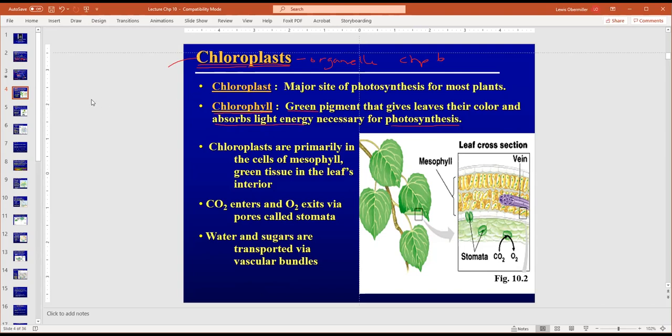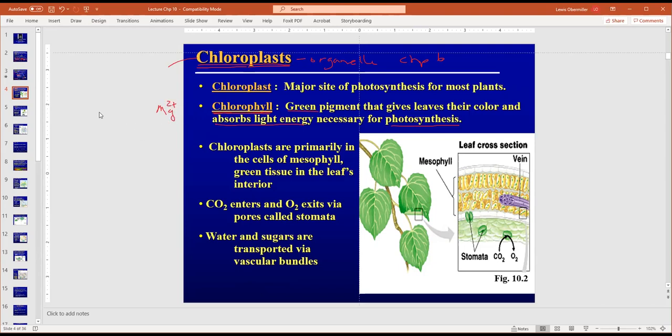So when the sun shines on chlorophyll molecules, these pigment molecules, the light energy actually excites the chlorophyll molecule. I'll show you how this works. There's actually a magnesium in it.